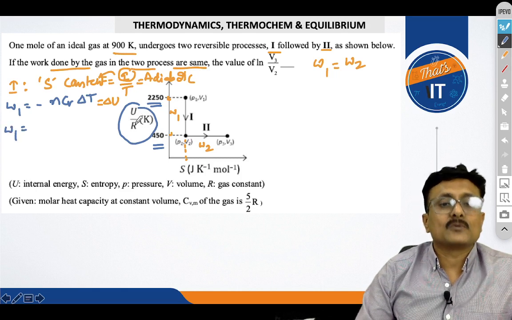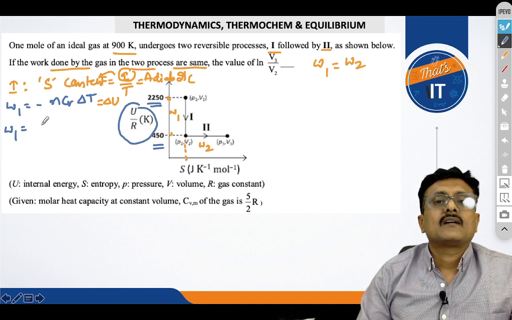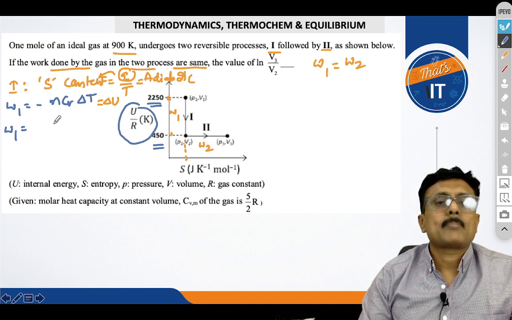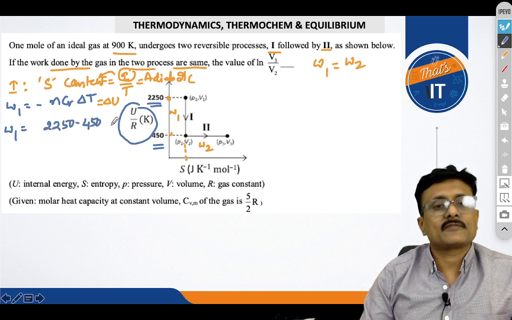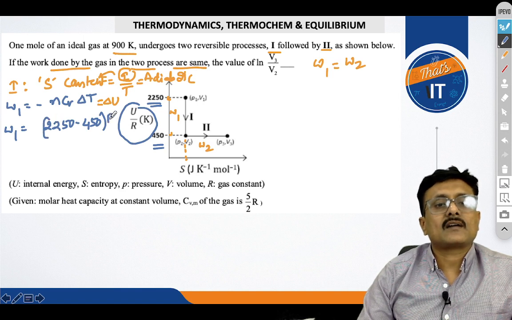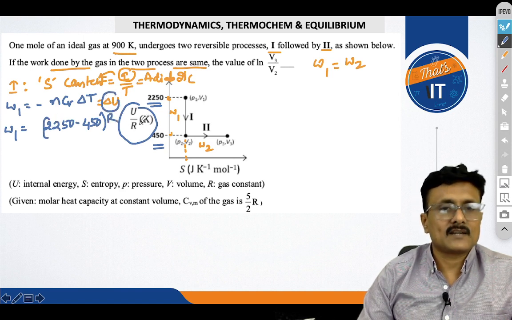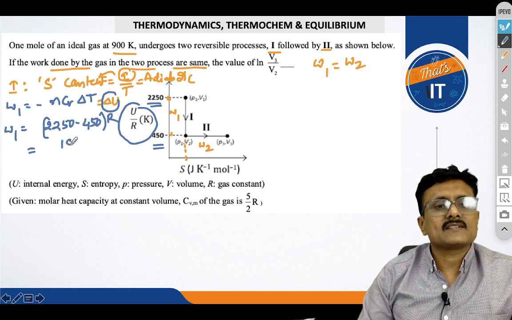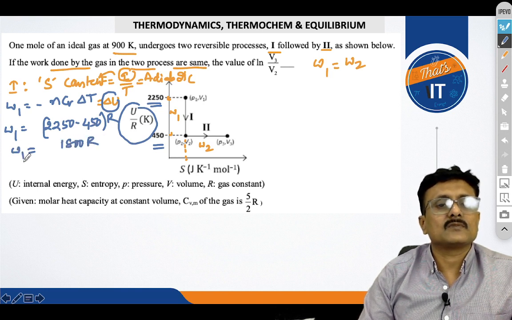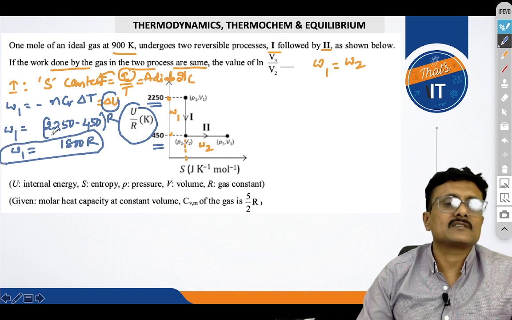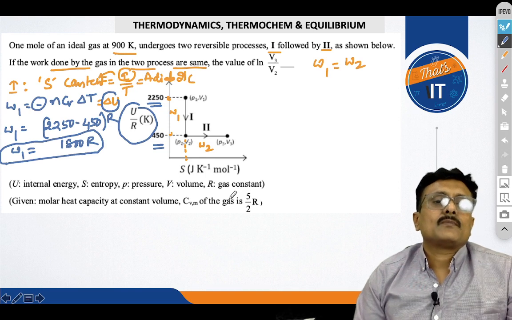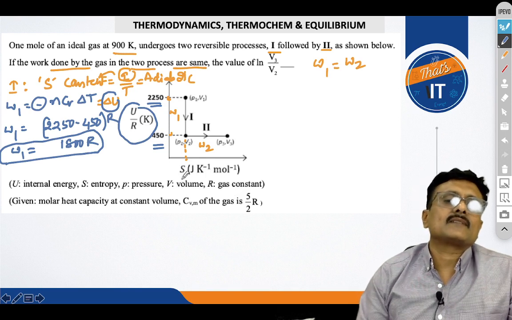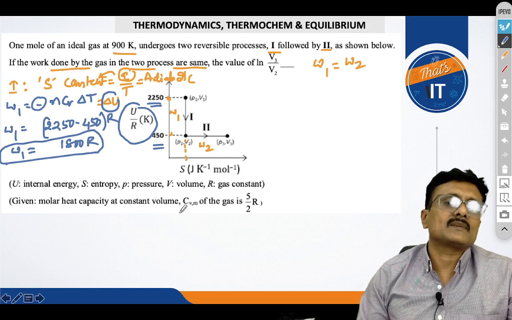Delta U for this process is 2250 minus 450, into R. Because U by R is given, how much is this? 1800 R. So this is the work done, whether it is expansion or compression. I just ignored the minus and took the difference. If you take minus also, you will get the same value: minus 450 plus 2250 is nothing but 1800 R.